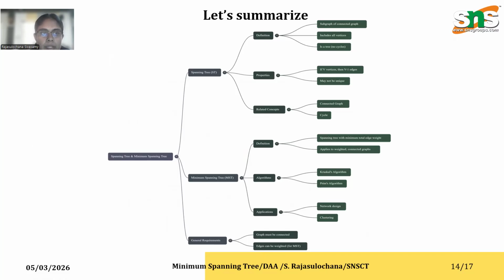It is mainly used in establishing networks, and it is also used in clustering algorithms when we talk about machine learning. There also minimum spanning tree is applied. Hope you understood what is greedy technique, why a greedy technique is used for constructing a minimum spanning tree, and the algorithms, Prim's and Kruskal algorithm, used for constructing a minimum spanning tree as well.